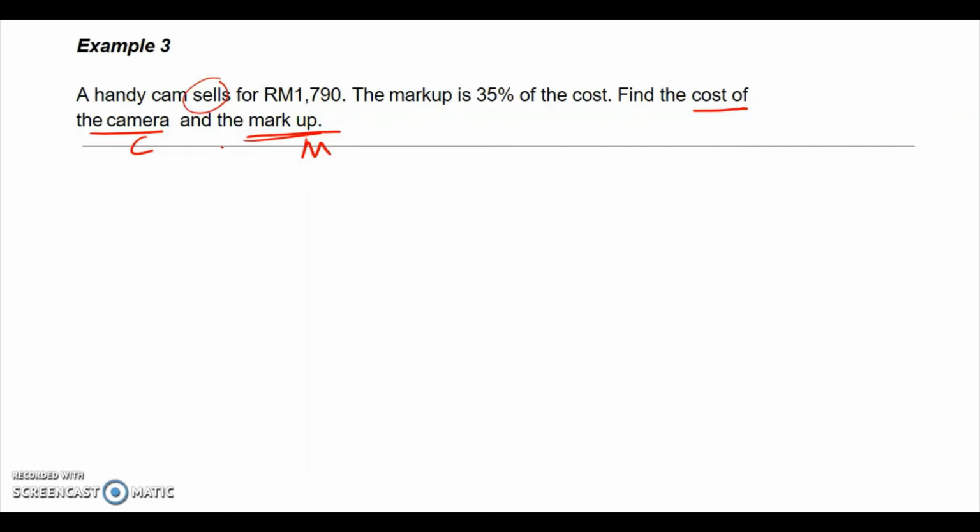So this handycam is sold at RM1,790. This is the selling price of this item. Please understand the question carefully. The markup is 35% of the cost. So this is the percentage of markup based on cost price.